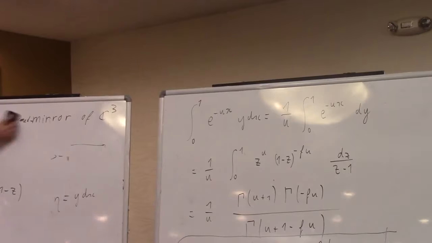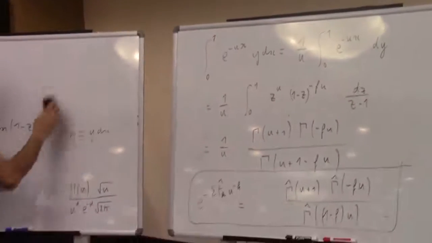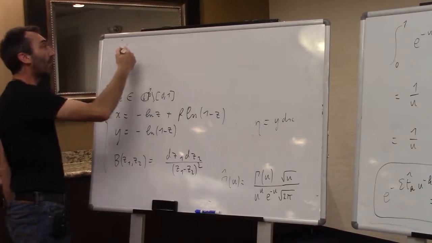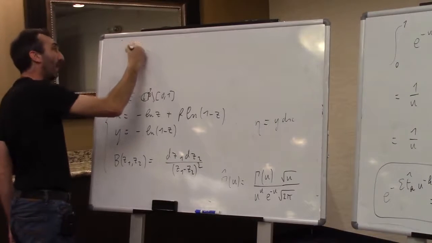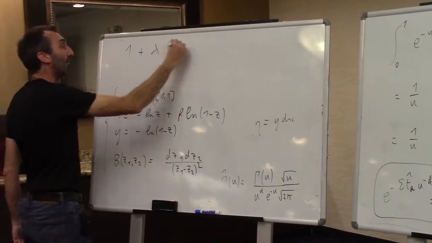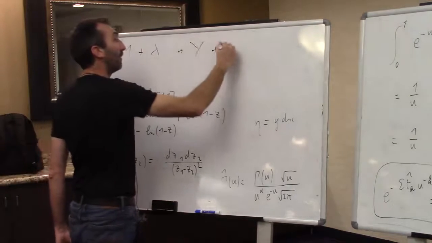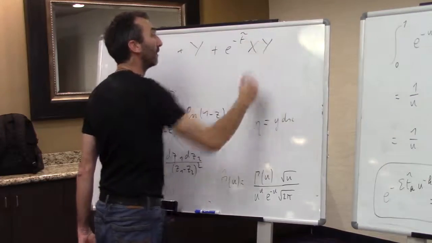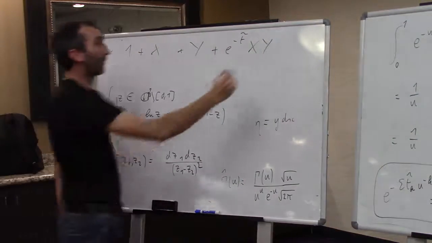So let me write the mirror corresponding to that. We have 4 blue points that correspond to 1 + x + y + e^{-t̃} xy = 0.